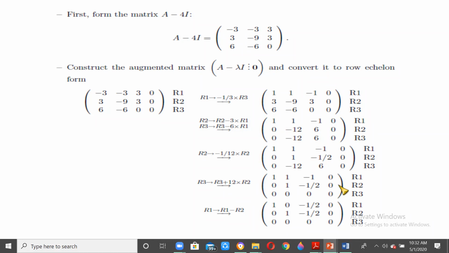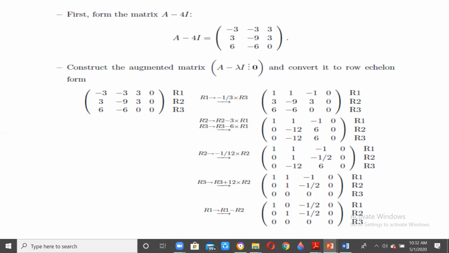Having got that, we can try to make this value 0 and then this value also 0, so that we get the reduced row echelon form.